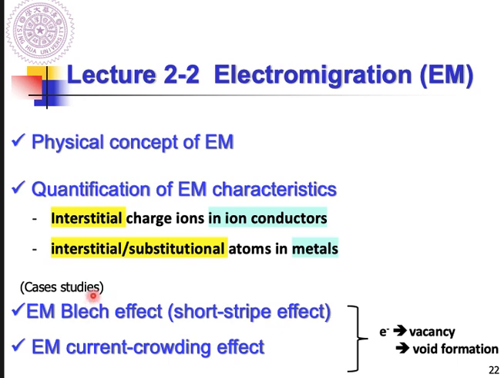And before we end this section, we are going to give you two case studies. The first one we call the EM blech effect or short stripe effect. And the second one we call the current crowding effect. Actually, both of these effects are negative effects in the semiconductor industry.